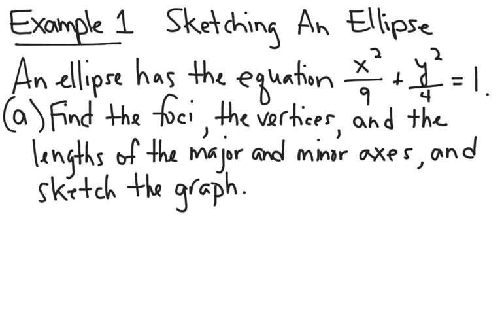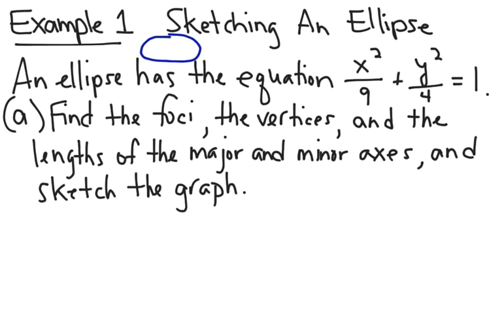Is it the one under the x or the one under the y? Since the larger denominator is under x, I can tell you right off the bat that the ellipse is going to be elongated horizontally. When the larger value of the denominator is under y, it's going to be elongated vertically.